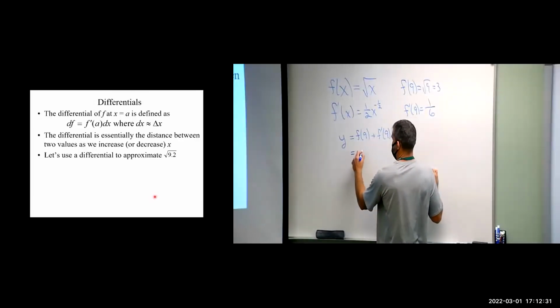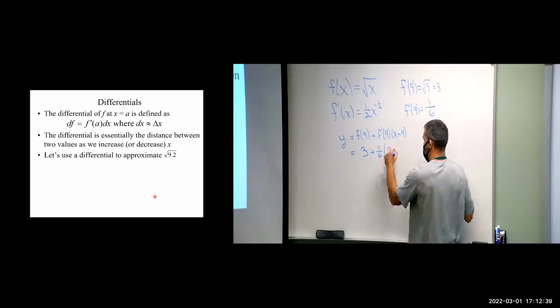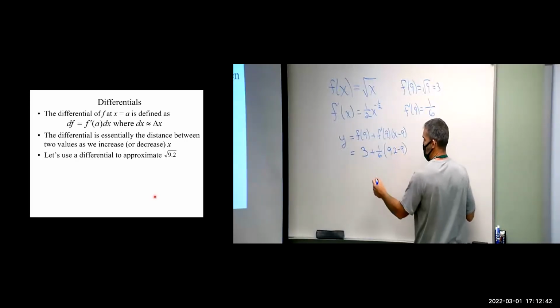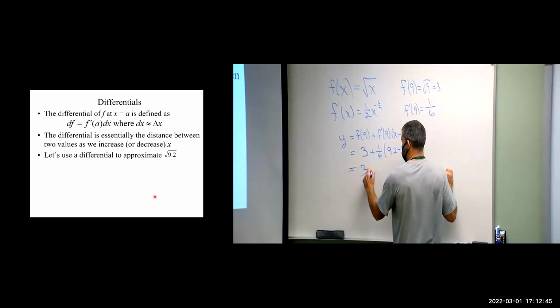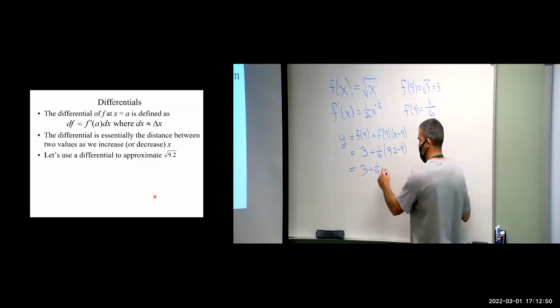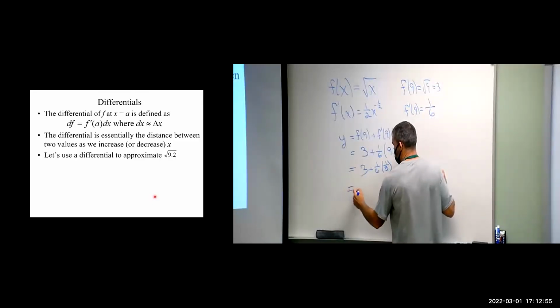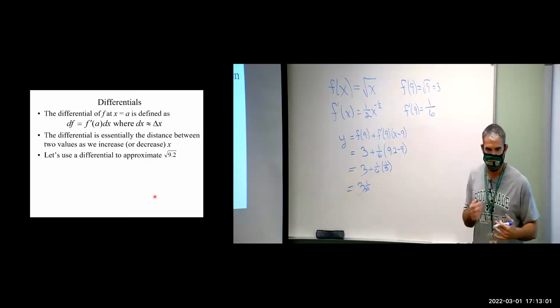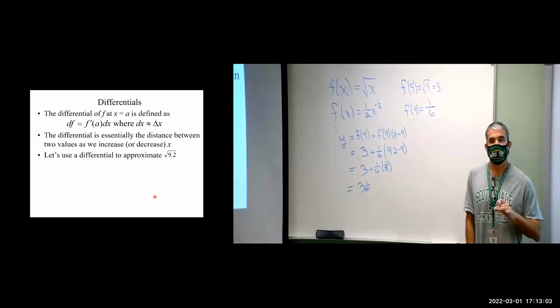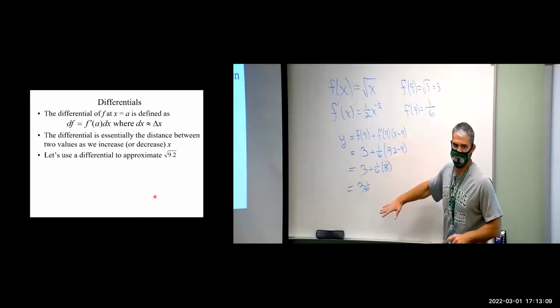So we've got 3 plus 1/6, and we're doing 9.2 minus 9. This leaves us with 0.2, which is 1/5. I'm just going to keep the whole thing in fractions. And this thing comes out to be 3 1/30. So it's an approximation for the square root of 9.2. Now, this we did with a tangent line.